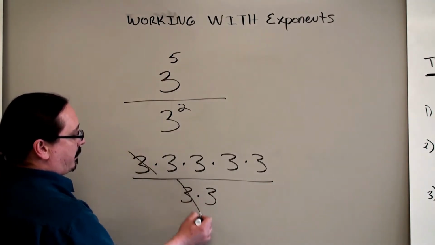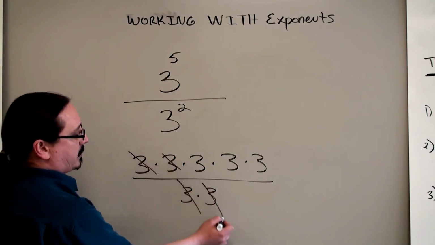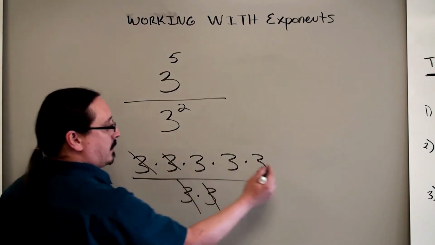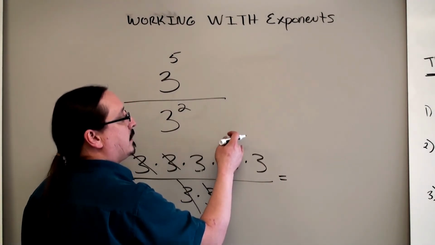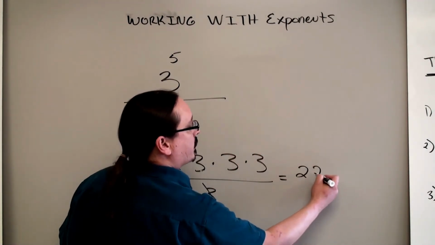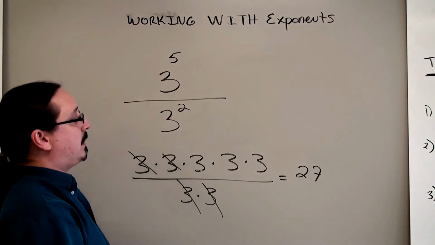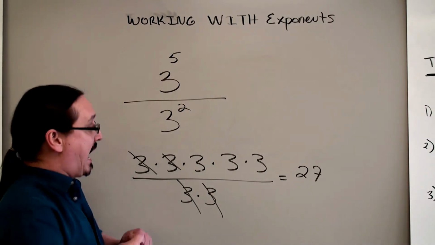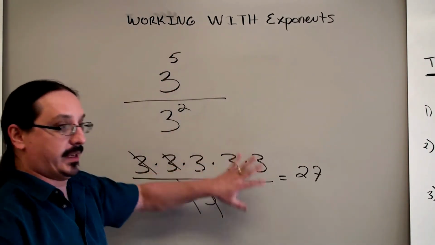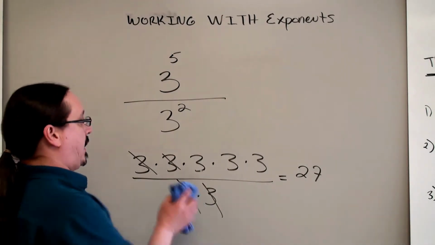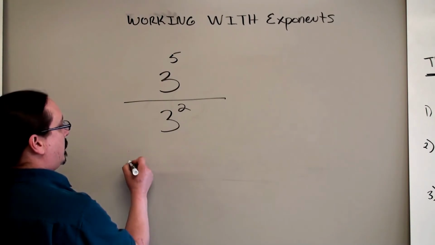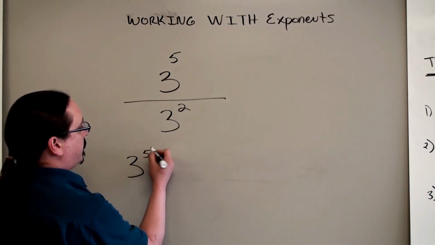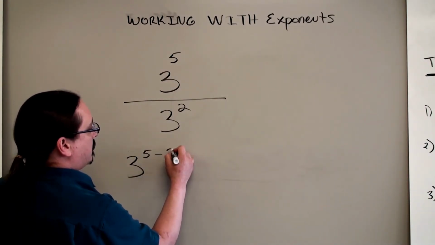Well, 3 divided by 3 is 1, 3 divided by 3 is 1, and we're left with just 3 cubed, or 3 times 3 is 9, 9 times 3 is 27. Rather than having to write out this whole piece, we can just say 3 to the 5th minus 2.